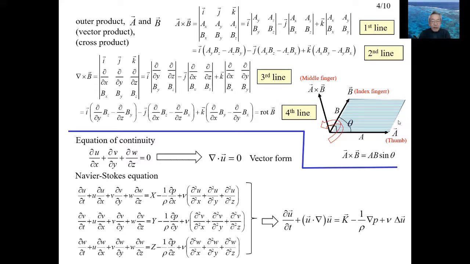If we use nabla, you can see that the expression becomes very concise. At this stage, you don't need to worry if you don't know exactly about the continuity equation or the Navier-Stokes equation. I will explain those equations in lectures 8 and 9 in detail.